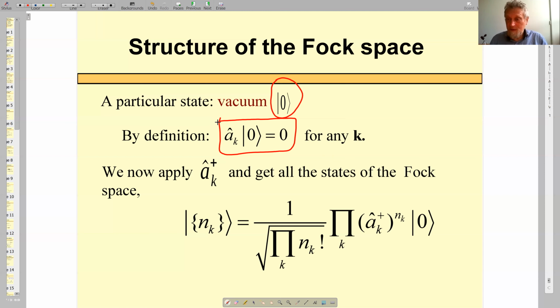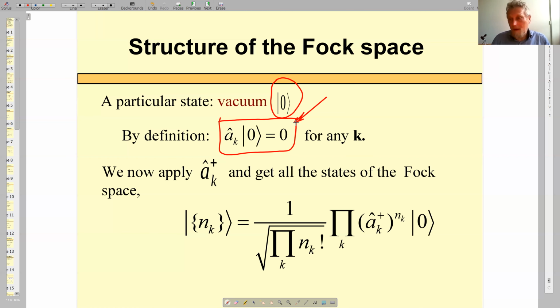So the only way to say this operation does not make sense is to say that the result of this action is zero. That's something which is not a wave function because you cannot normalize it. So this is the definition of vacuum. If you try to annihilate anything, it's just no wave function. It does not work.